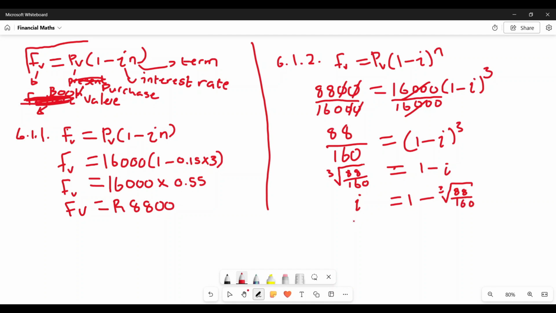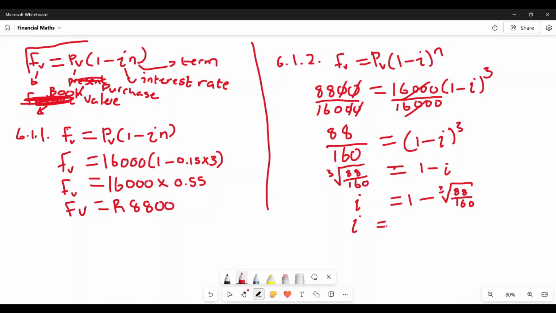So if we just type this in our calculator, we'll have 1 minus the cube root of 88 divided by 160.